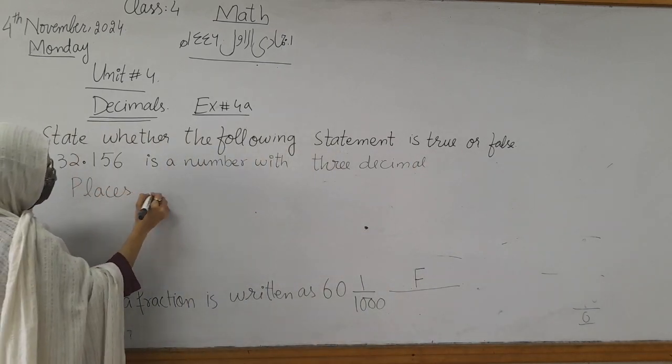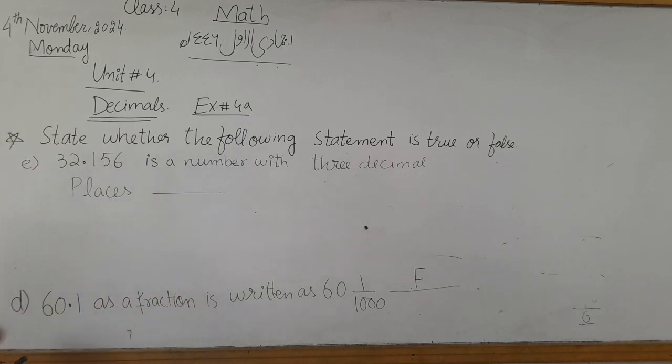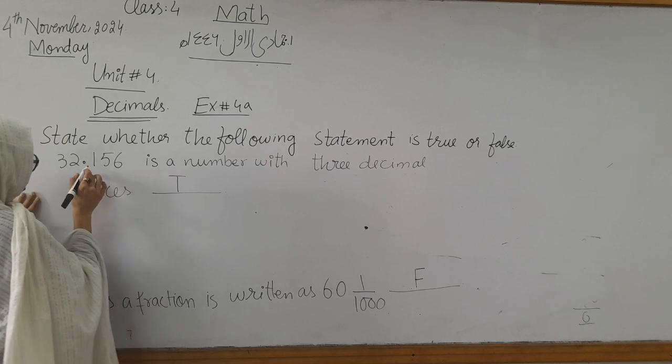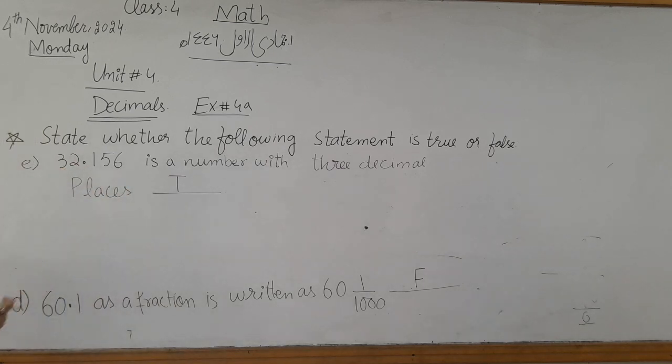Tell me class, is it right or wrong? How many values after point? 1, 2, 3. It means that 32.156 is a number with 3 decimal places. Yes, this is true because there are 3 values after the decimal point.